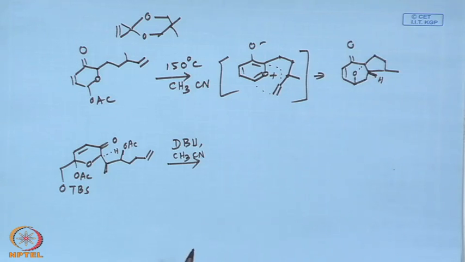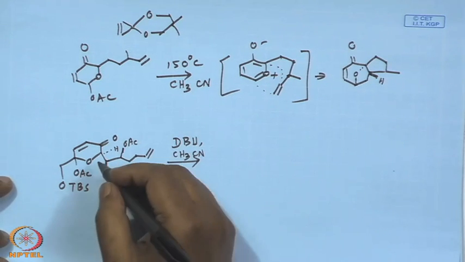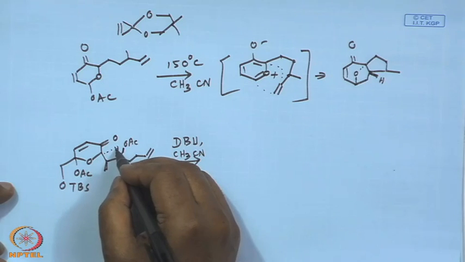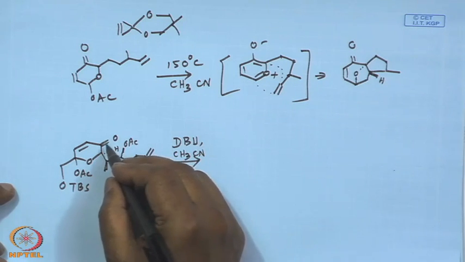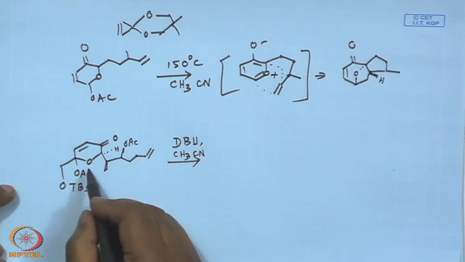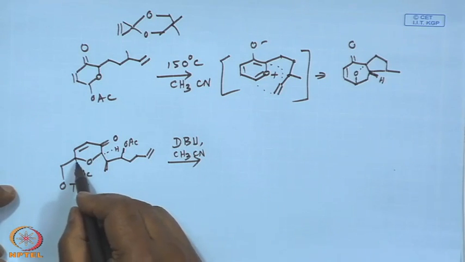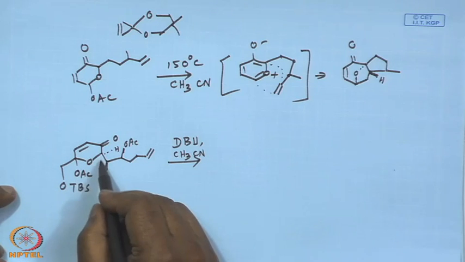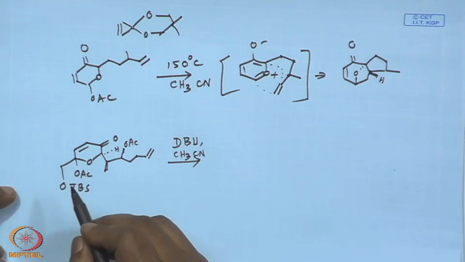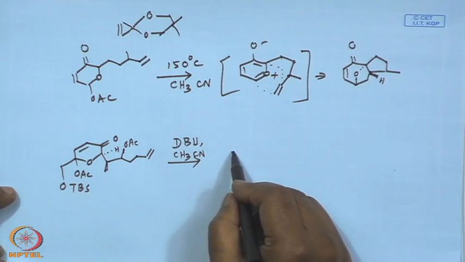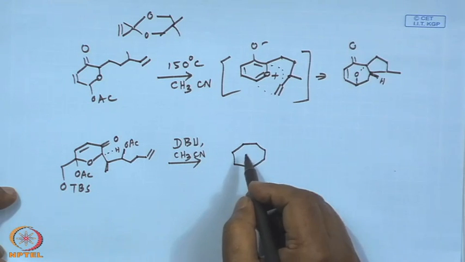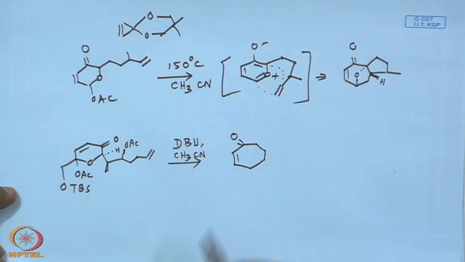Like the previous example, you get the loss of acetate and the formation of the oxido system, and then you bring this double bond adjacent to the oxygen and attach it across the 2 and 6 positions of the pyrone system. It will look like a 7 membered ring alpha beta unsaturated system.